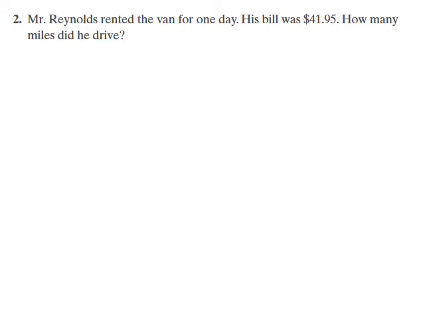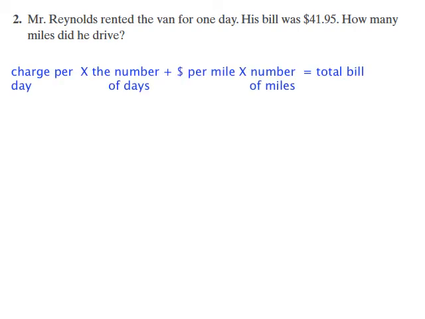Well, we first have to set up the equation. Let's do a verbal model just to practice. Our verbal model is the charge per day times the number of days plus the charge per mile times the number of miles equals the total bill. So let's substitute in everything that we know. The charge per day is $29.95.